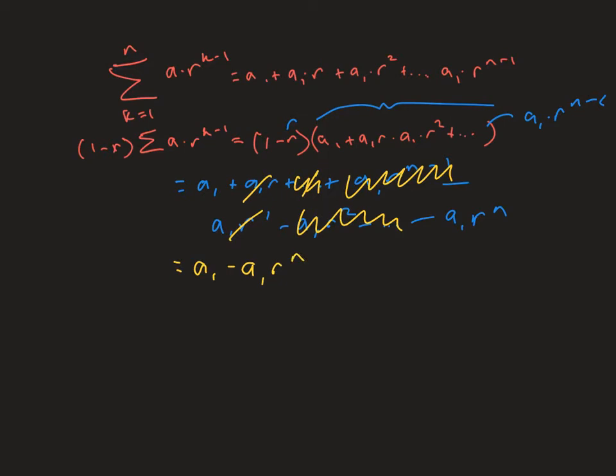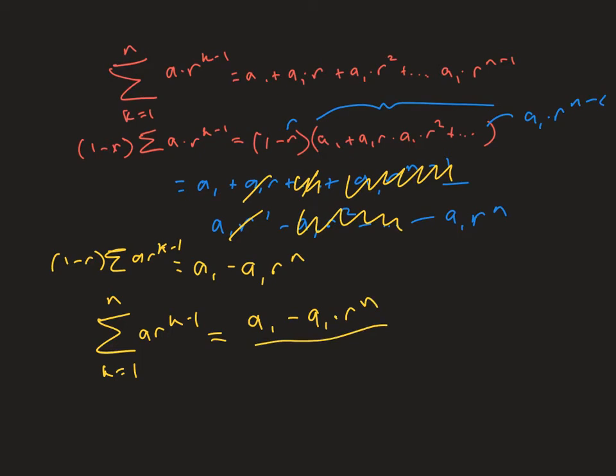But on the left, we have 1 minus r times our big sigma, which is just our sum. And if we divide by 1 minus r, put it on the right side, we get our sum of this sequence equals a sub 1 minus a sub 1 times r to the n over 1 minus r.